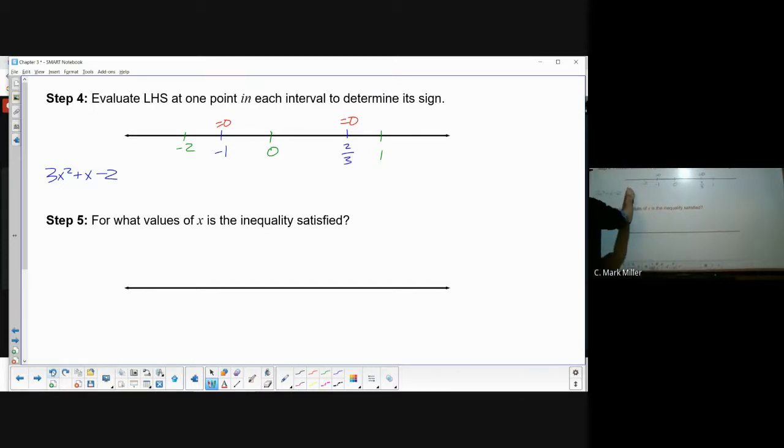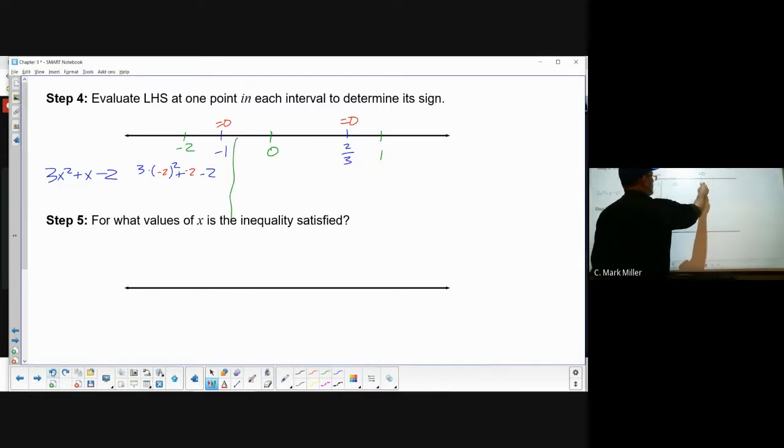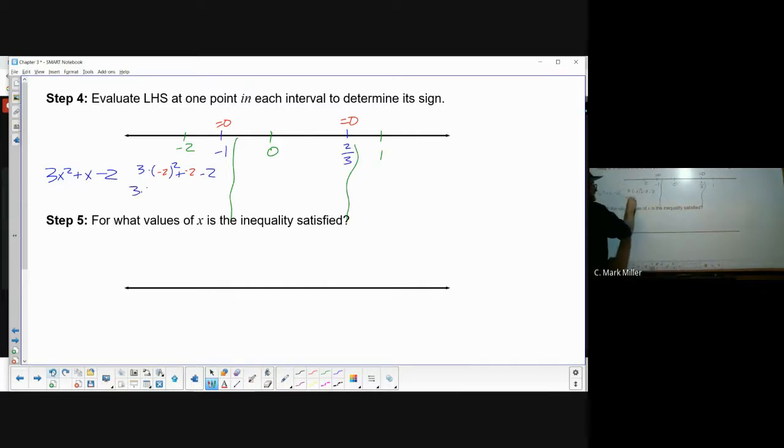So we're going to have 3 times minus 2 squared plus minus 2 minus 2. That's going to be 3 times 4 minus 2 minus 2. That is 8, which is positive. So here, in this whole interval, the function is positive.